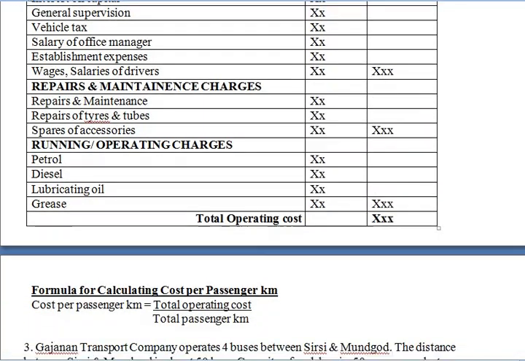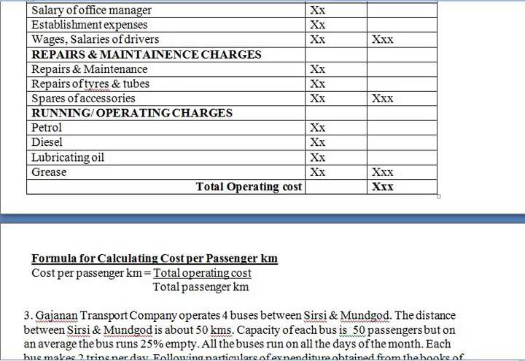Once we know the total operating cost, the next thing is to find the cost per passenger kilometer. The formula is: cost per passenger kilometer equals total operating cost, which we get once we prepare the operating cost sheet, divided by total passenger kilometers. The calculation of total passenger kilometers we have already seen in the first video of the operating cost sheet, even then we will be solving it here.